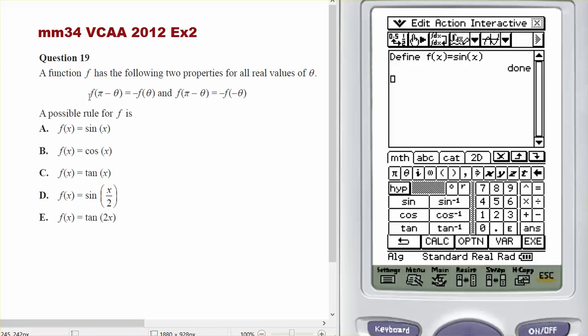Now the first condition is that f of pi minus x, and I'm going to choose pi on 6 as an example of an angle, has to equal negative f of pi on 6.